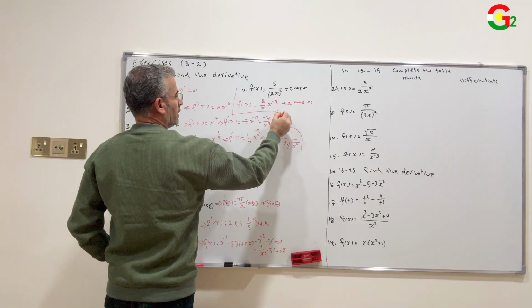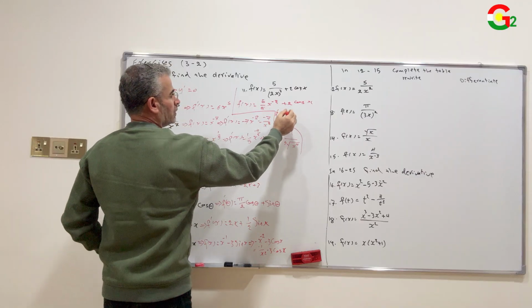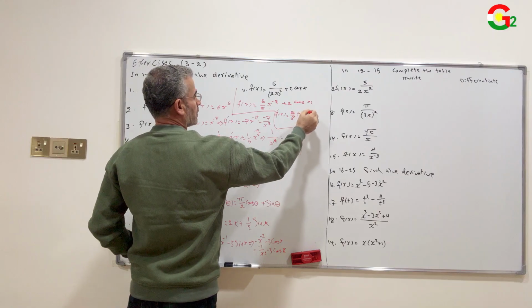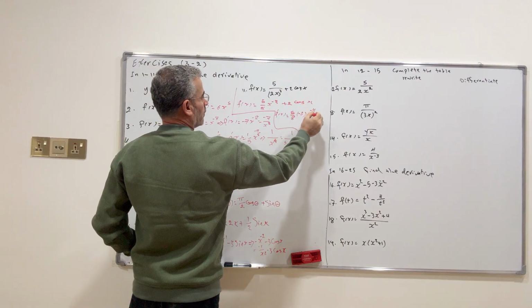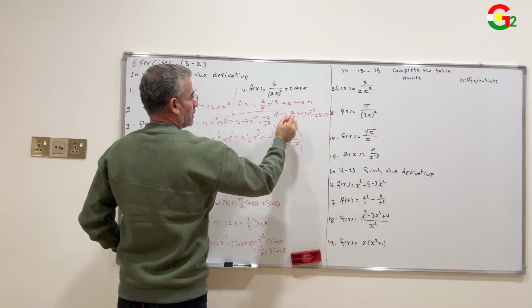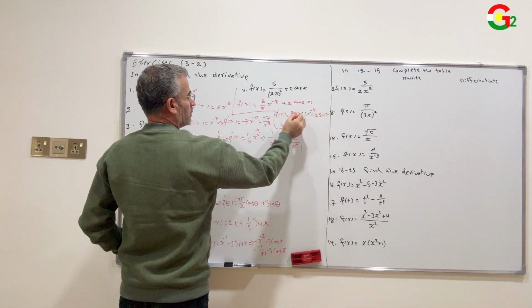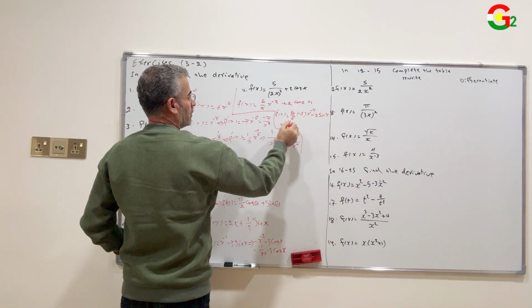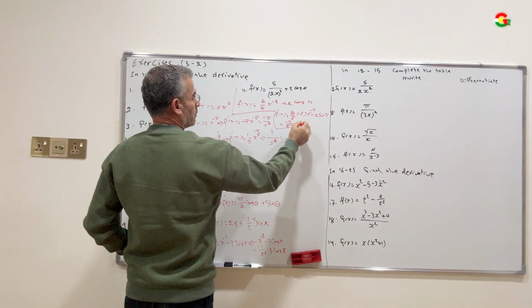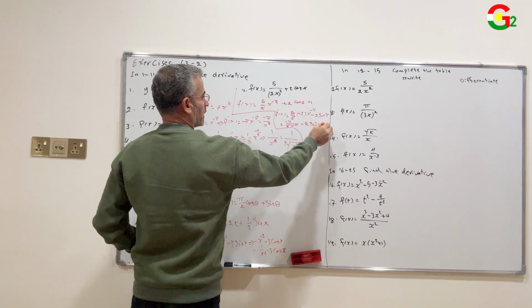Now differentiate: 5 over 8 times negative 3x to the negative 4 minus 2 sine x, equal to negative 15 over 8x^4 minus 2 sine x.